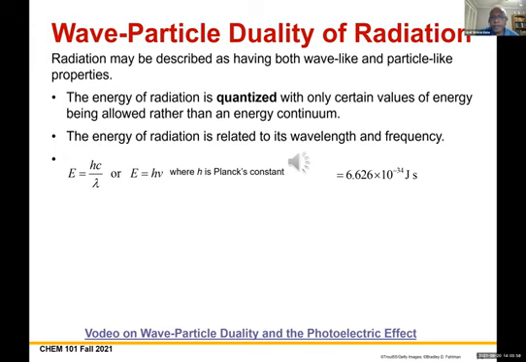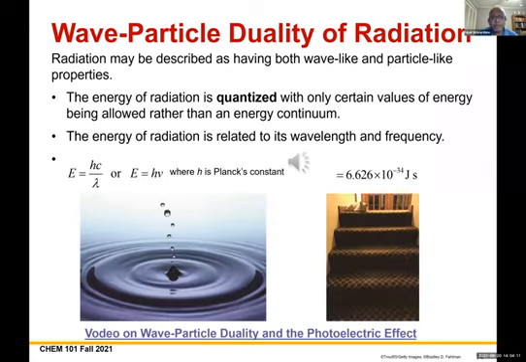Planck constant is 6.626 times 10 to the negative 34. We are describing this to discuss the absorption of light by molecules and atoms. So energy is quantized. Normally, water waves can have a continuum of energies, any amount.